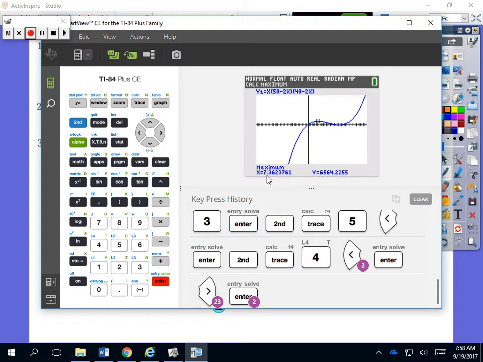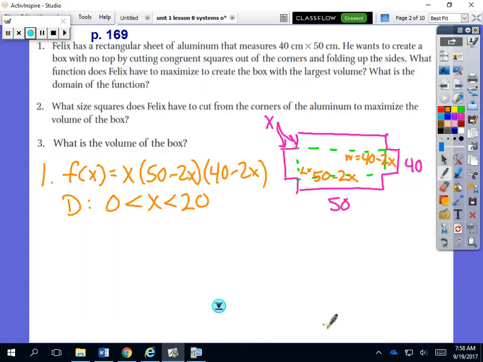And for your height and your volume, maximum volume is 6,564.23 centimeters cubed. So number 2, the height, or x, is 7.36 centimeters.